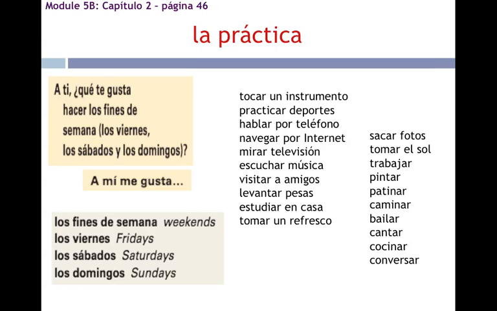Let me ask you la pregunta. ¿Qué te gusta hacer los fines de semana? ¿Qué te gusta hacer los viernes? ¿Qué te gusta hacer los sábados? ¿Qué te gusta hacer los domingos?